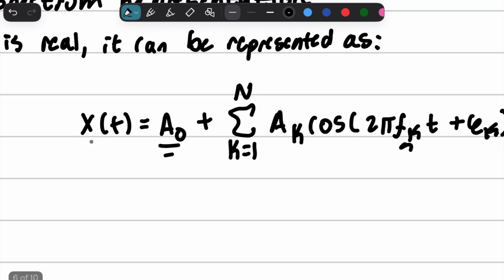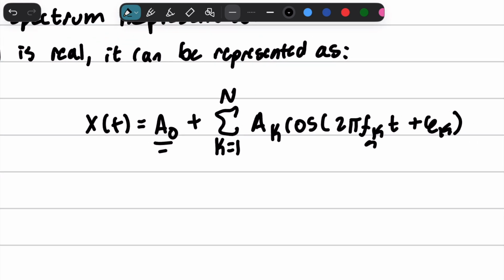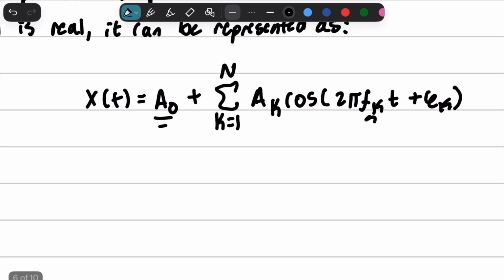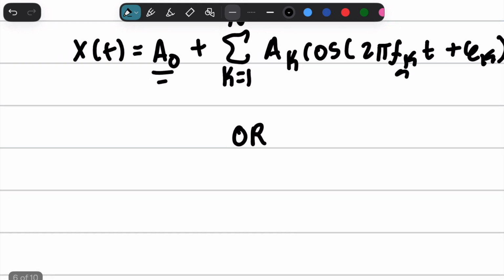So in this case, if x had the definition typically associated with x, which is distance, this could be thought of as maybe a spring. Okay? But what's super important is that this equation can actually be represented in complex exponentials.